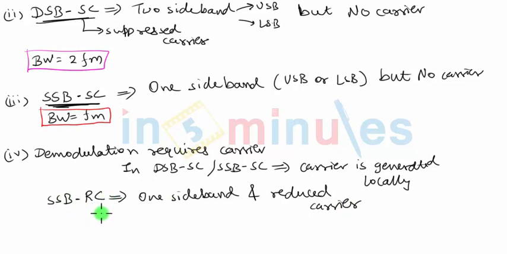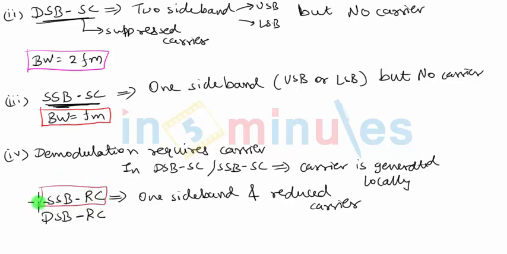It is a small weak amplitude carrier signal which will not occupy a lot of power, but it will help the receiver to extract the carrier from it and use that carrier in the demodulation process. This will avoid the distortion which otherwise takes place. Now, like we have SSB-RC, we can also have DSB-RC, double sideband reduced carrier, but what is more preferred is the SSB-RC signal.